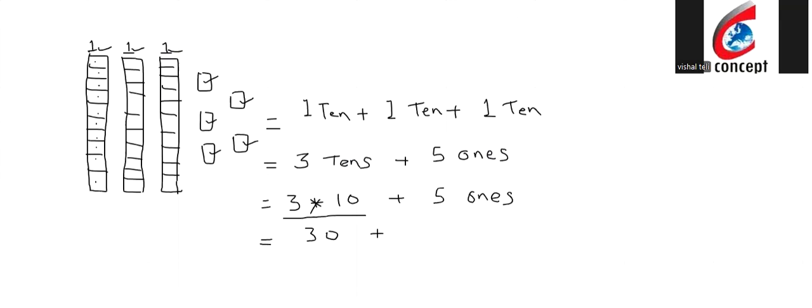So 30 plus 5, you have to count from 30: 31, 32, 33, 34, 35. So this is 1 ten, 2 tens, 3 tens, 30, 31, 32, 33, 34, and 35. So we got 35 ones.